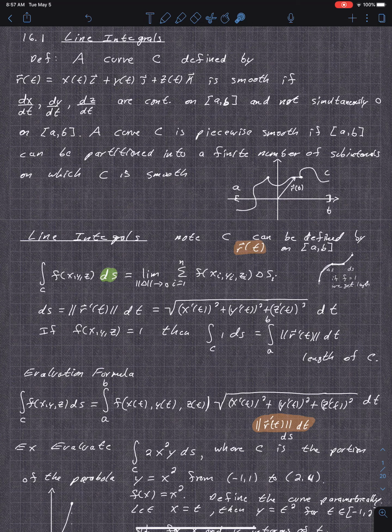It's smooth, meaning that the partials exist and are continuous on some interval and not simultaneously zero. A curve is piecewise smooth, basically if it's smooth on a finite number of subintervals. So the one I drew here has 1, 2, 3 subintervals from A to B. So that's piecewise smooth.